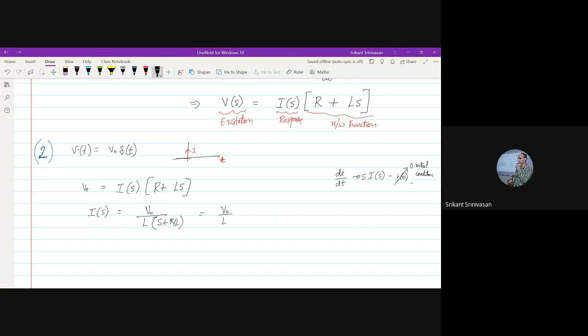Can anyone solve this equation? E to the power minus RLT. No. Am I doing this correct or did something get missed out? Let's see. So V naught delta of t. Yeah. So I think that's working out to be V naught by L.